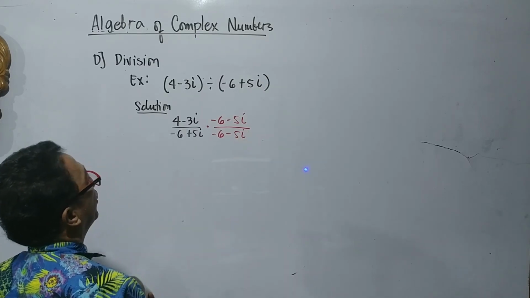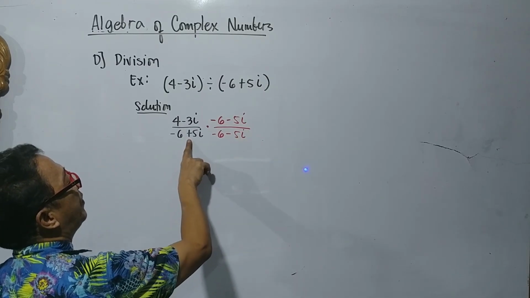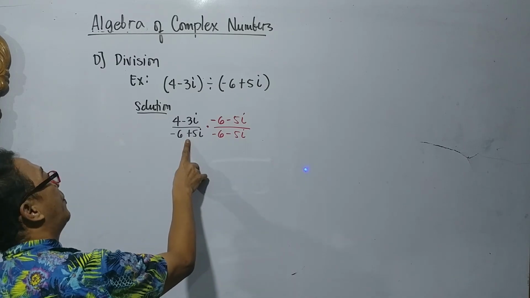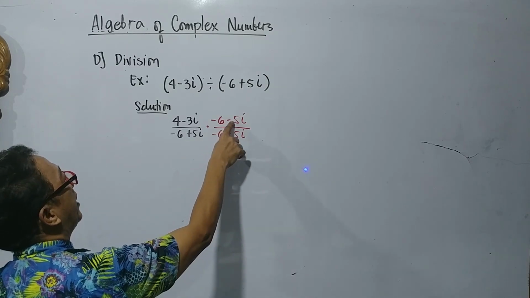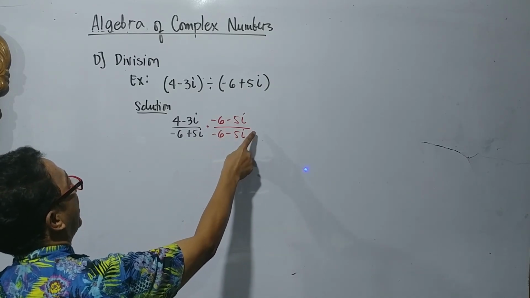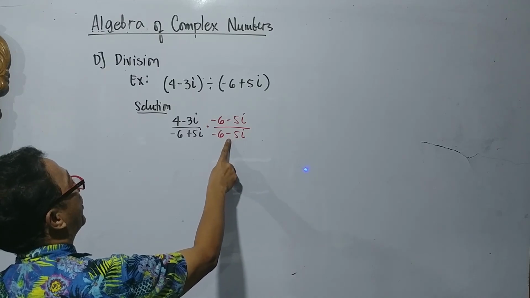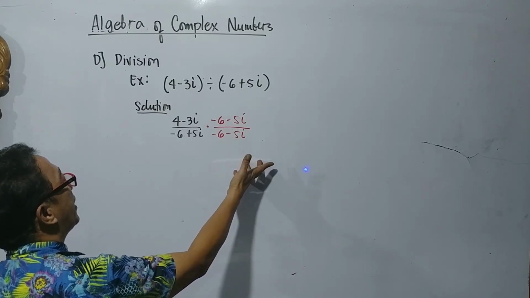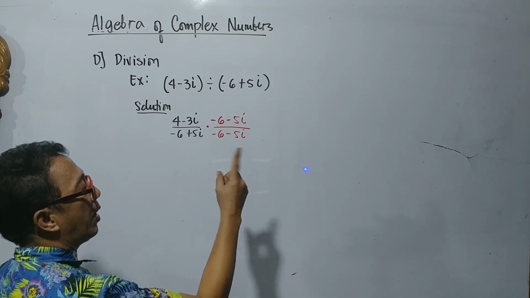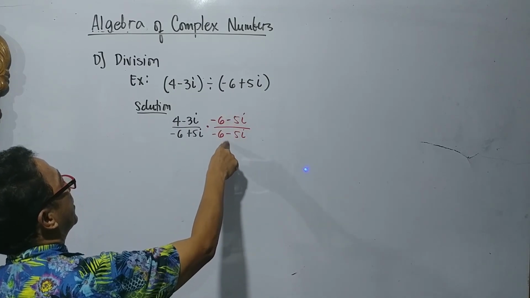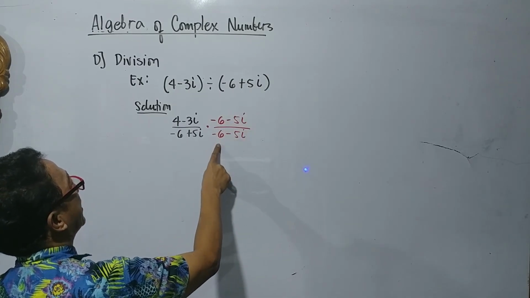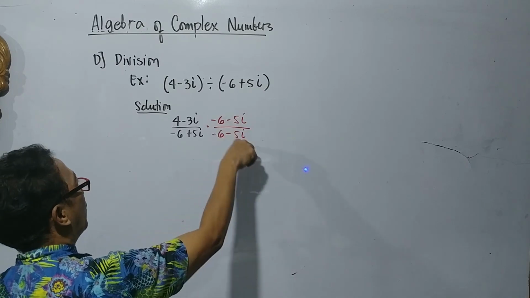In conjugation, change the sign of the second term. Here you have positive 5i, here becomes negative 5i. Also the denominator, negative 5i. As you notice, in conjugation, you multiply only by 1, because negative 6 minus 5i over negative 6 minus 5i is also 1.